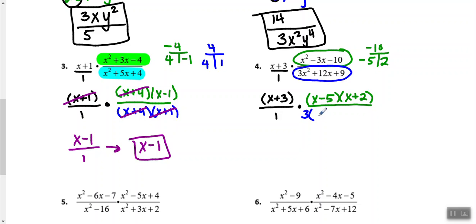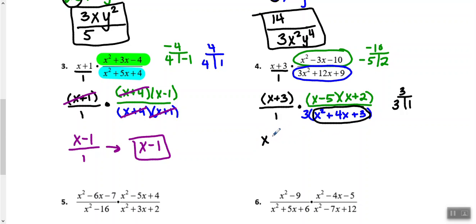So if I take the 3 out, that leaves me with x squared plus 4x plus 3. Well, now inside in blue, that has made my factoring a little bit easier. So here, I'm now going to factor my x squared plus 4x plus 3. So what multiplies to 3 but adds to 4? 3 and 1.